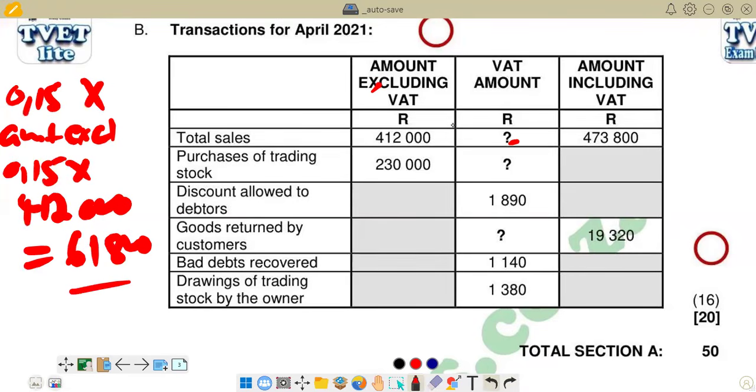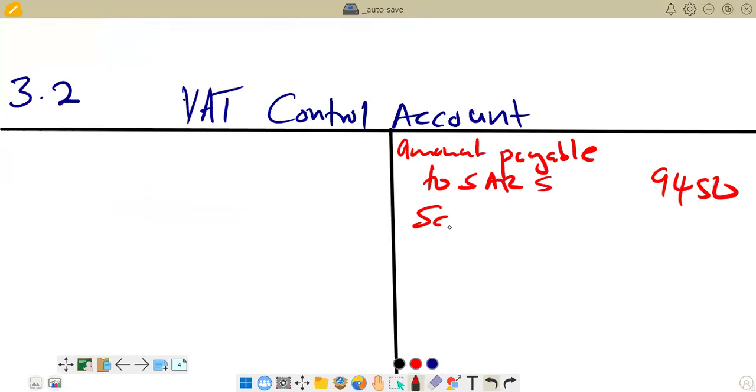And remember, we said sales is under VAT output, so it's going to the credit side of that VAT control. So we can just go in there and say sales, and we've got 61,800.